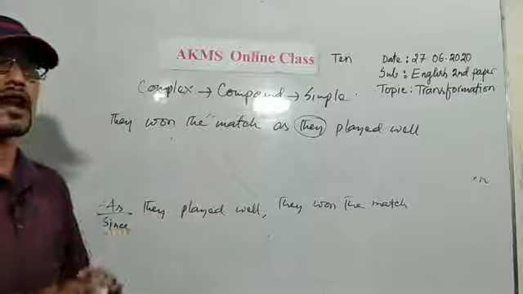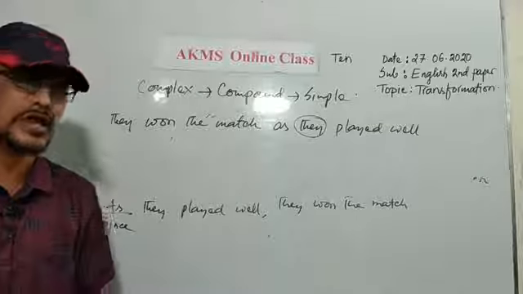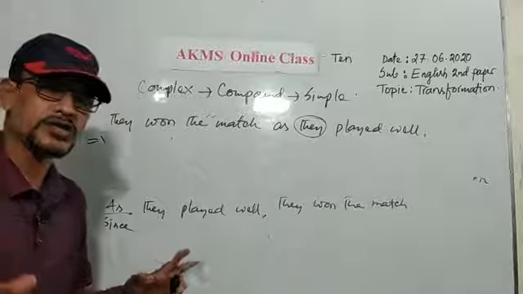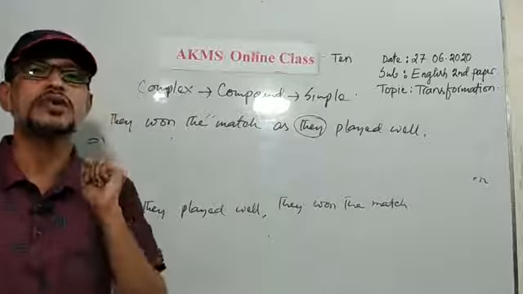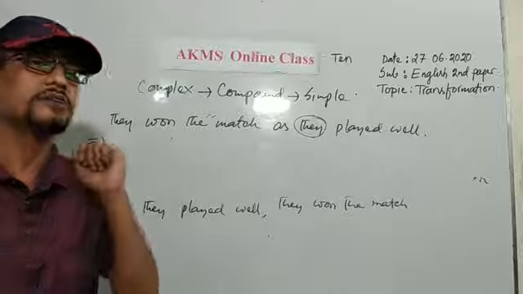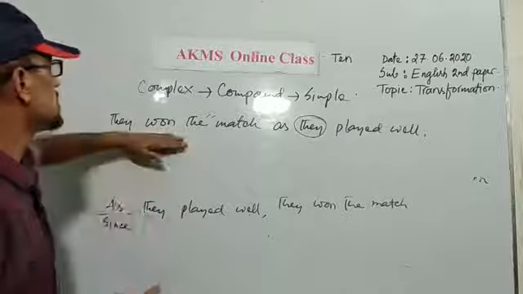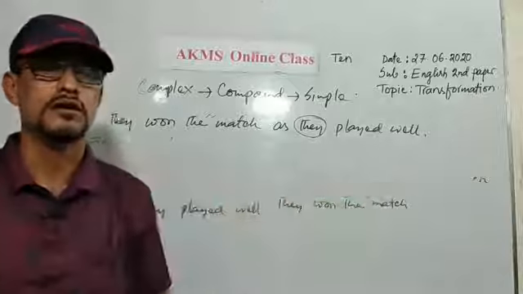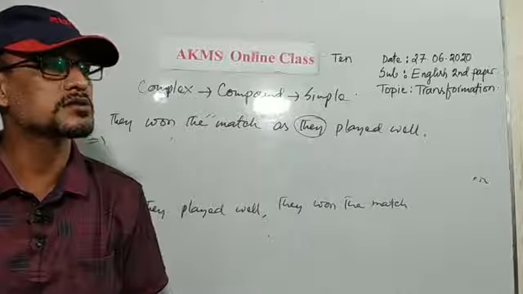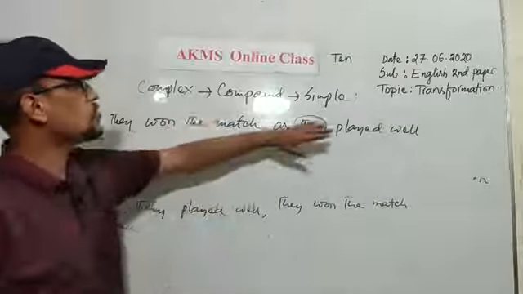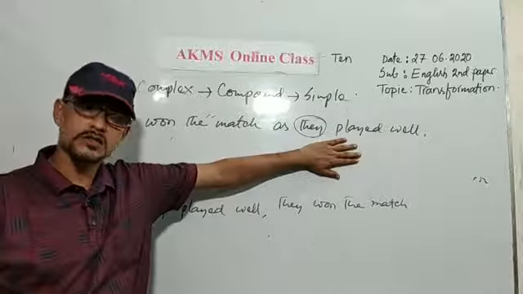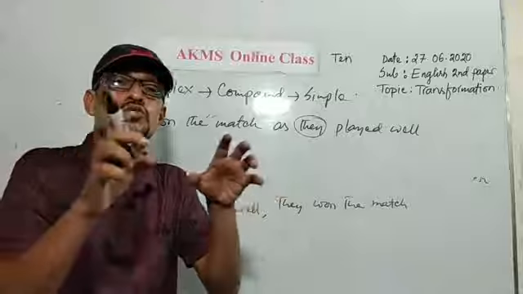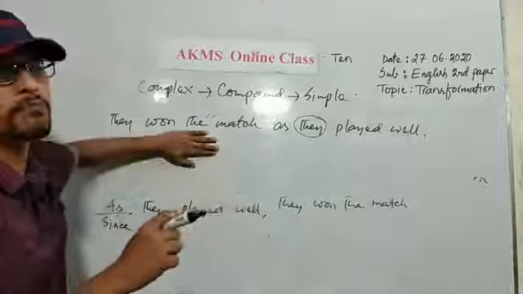Now, if you are asked to transform it into a simple sentence, what will you do? All of you know that in a simple sentence, you can use only one principal clause, but there are two clauses. What about the other clause? How can you use the other clause? You have no ability to change the principal clause.